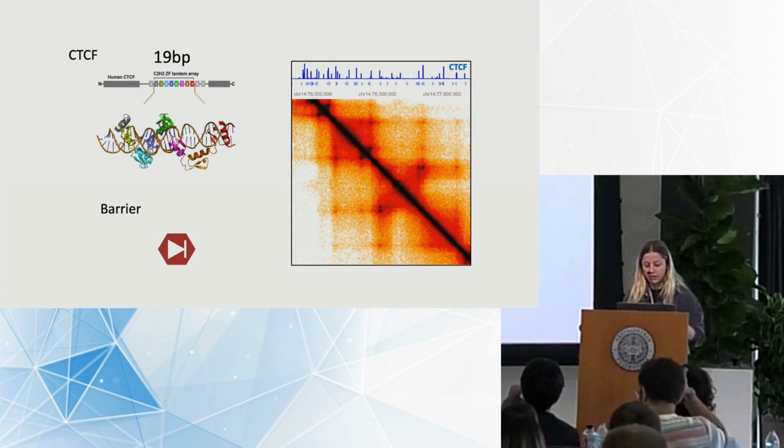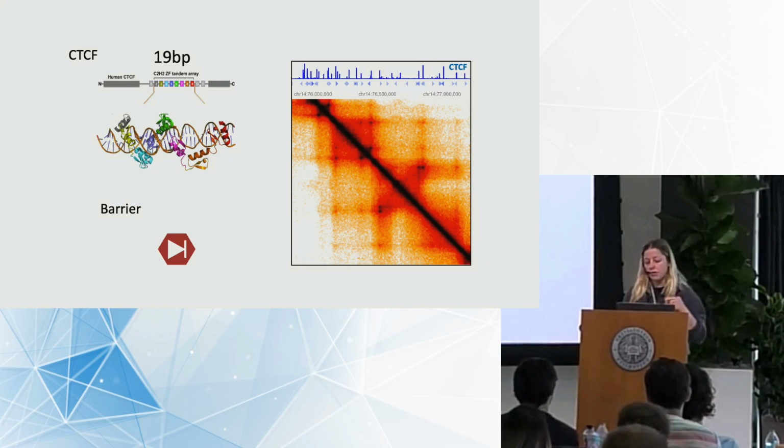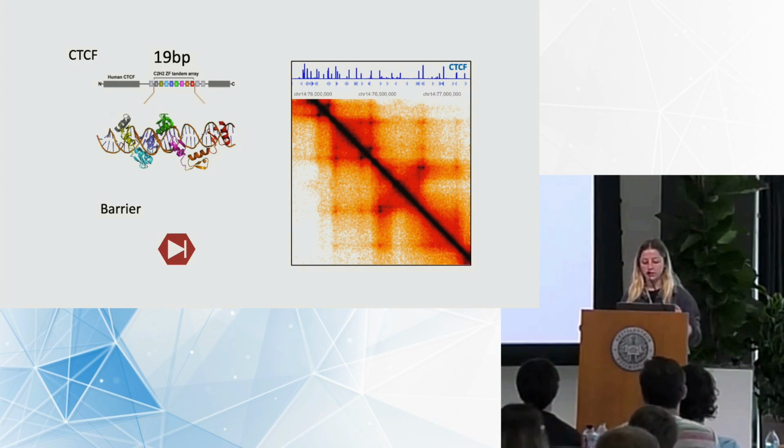As you see on the right, there is a CTCF ChIP-seq and a Hi-C map. When you look at the boundaries and the track above, you can see peaks of CTCF ChIP-seq, but it's usually more than one peak. So there are clusters of CTCF sites. The challenge is to identify which of those CTCF sites is really important to create this particular boundary, or maybe all of them are, or maybe a subset.